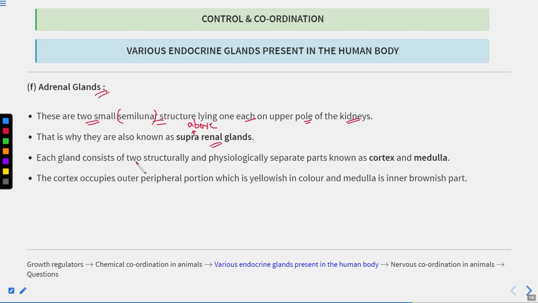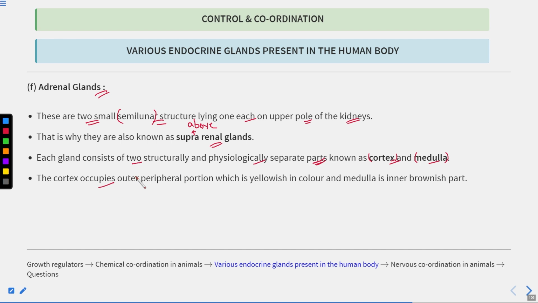Each gland consists of two structurally and physiologically separate parts known as the cortex and the medulla. Similarly, in the kidneys, the outer region is known as the cortex and the innermost region is the medulla.